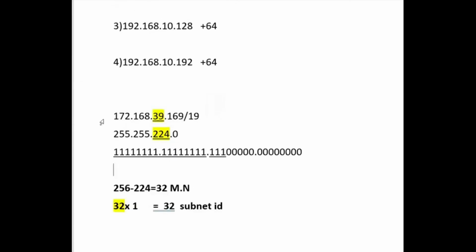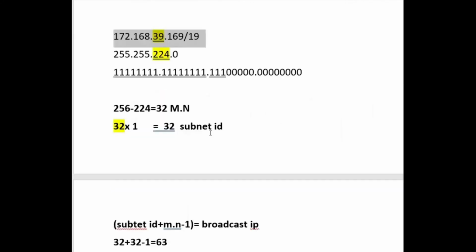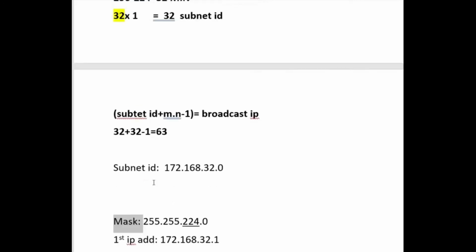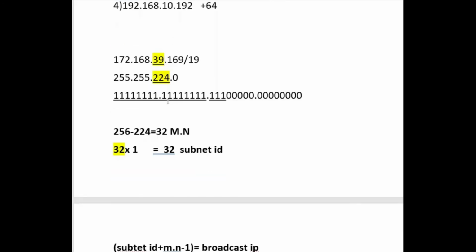This is one of the addresses given to us. From this address we need to find the subnet ID, mask, first IP, last IP, and broadcast IP. The entire range you need to find. So first we take 256 minus 224. How do you get the 224? Because of this /19, we get 224.